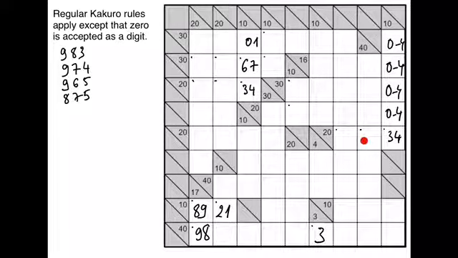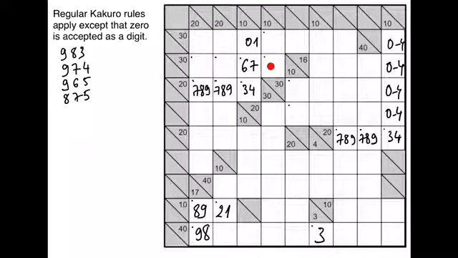And now those have to add up to 16 or 17, so there must be 7, 8 or 9, and 9 has to appear in one of those cells. So this has to be somewhere between 6 and 9, and this must be somewhere between 4 and 1.